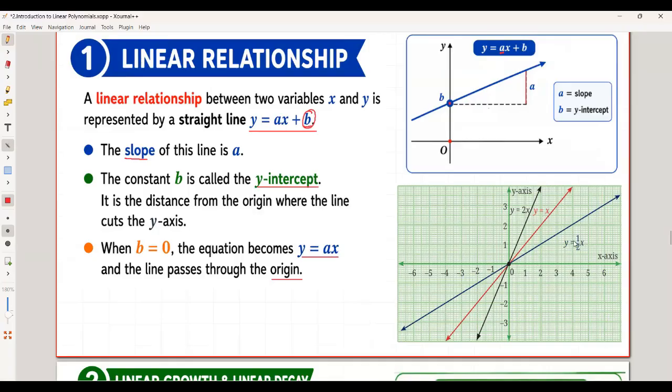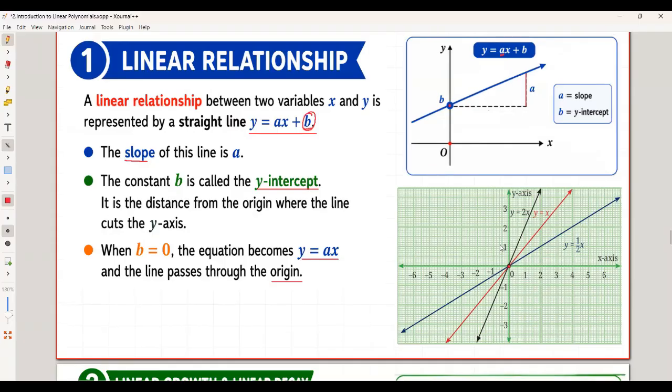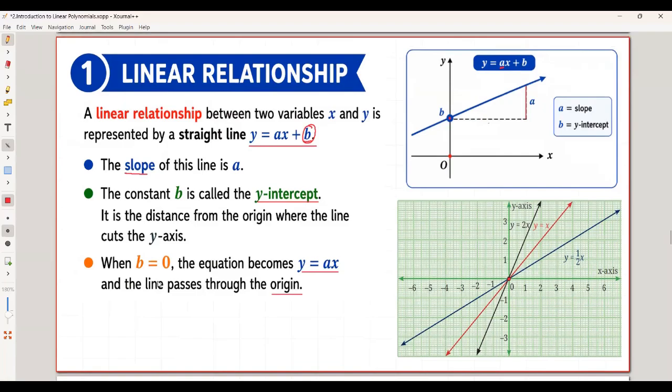In all the three equations, b value is 0. That means all the lines are passing through the origin. So from this you can understand one thing: if b is equal to 0, the equation should pass through the origin.